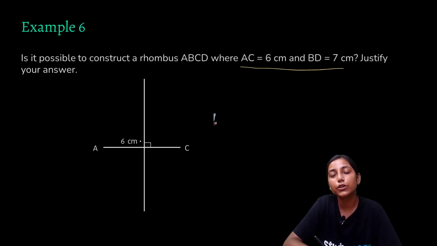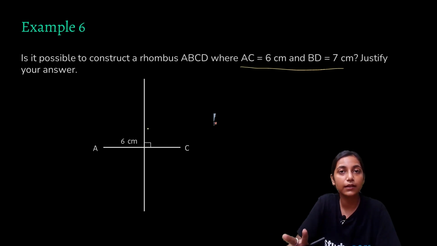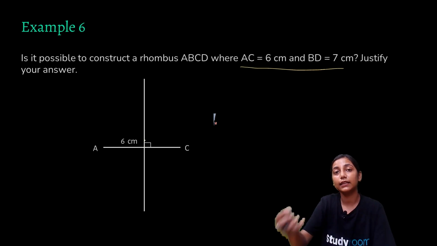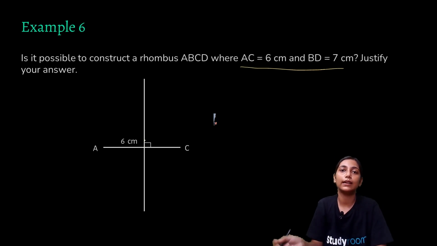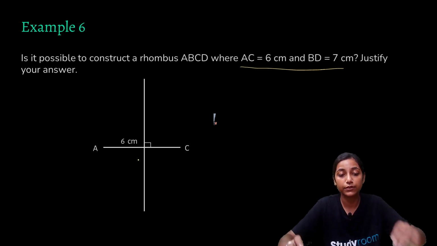And where are we going to make the point of intersection for these two diagonals? We know some other property of a rhombus also, and that is that both the diagonals are bisectors also. They are actually perpendicular bisectors. They have right angles between them and they bisect each other. They divide each other into equal halves.